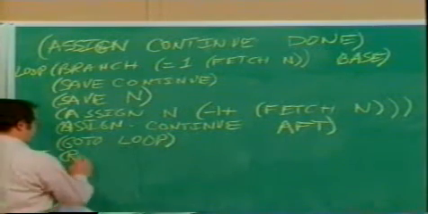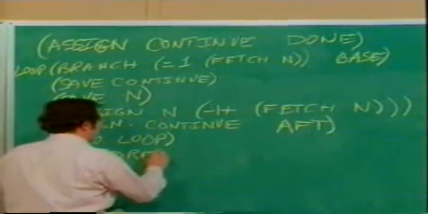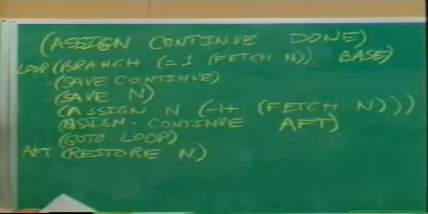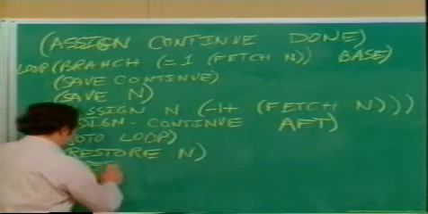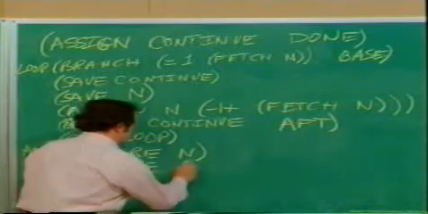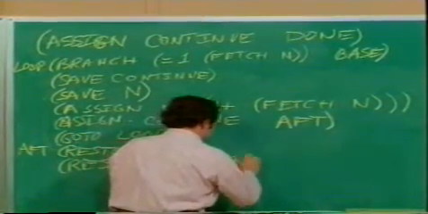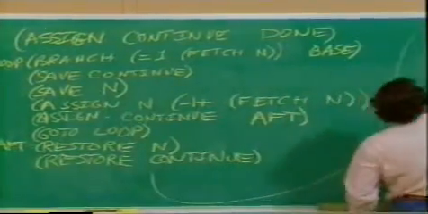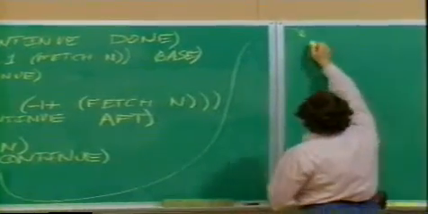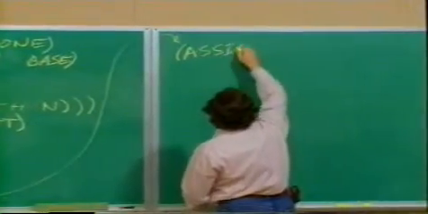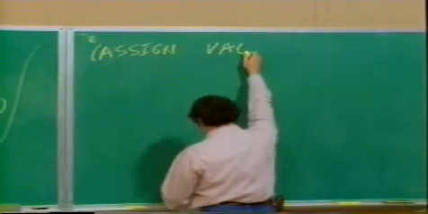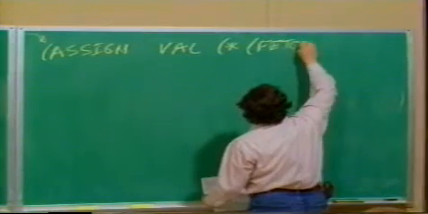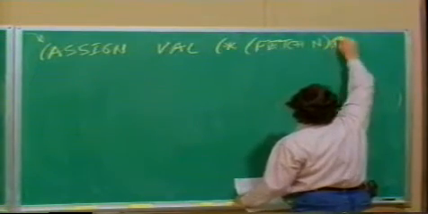I will restore the old value of n, which is the opposite of this save over here. I will restore the continuation. I will then go to here. I will assign to the val register the product of n and fetch val.